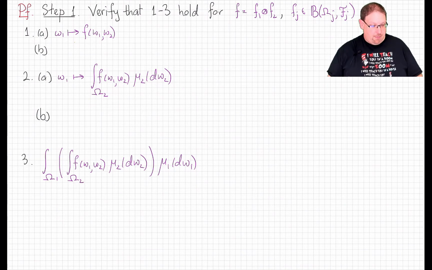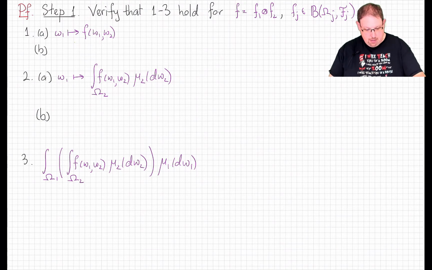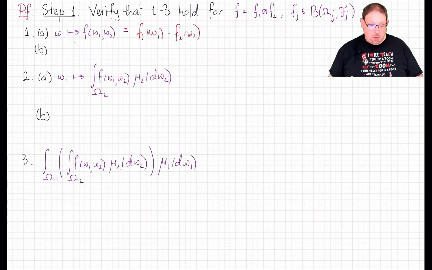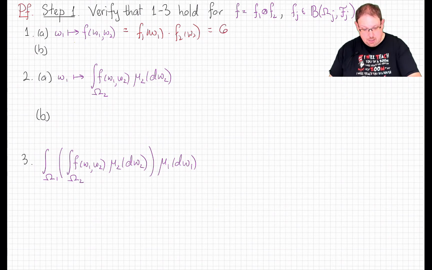So, suppose f is a tensor product function. That means that f is just f1 of omega 1 times f2 of omega 2. Thinking of that as a function of omega 1, that is just some constant, this constant, times f1.